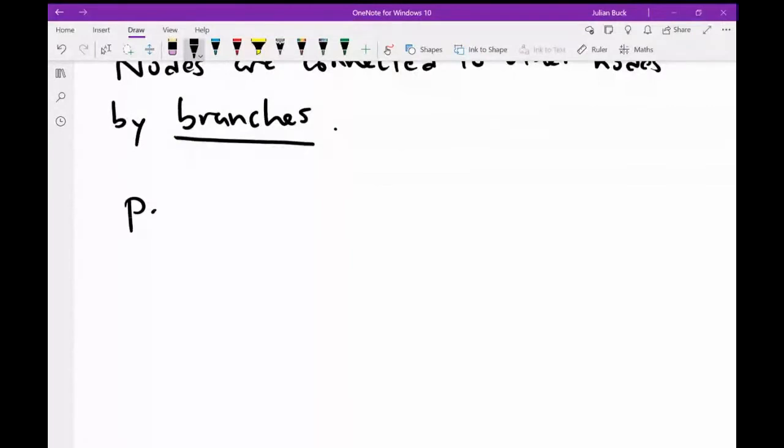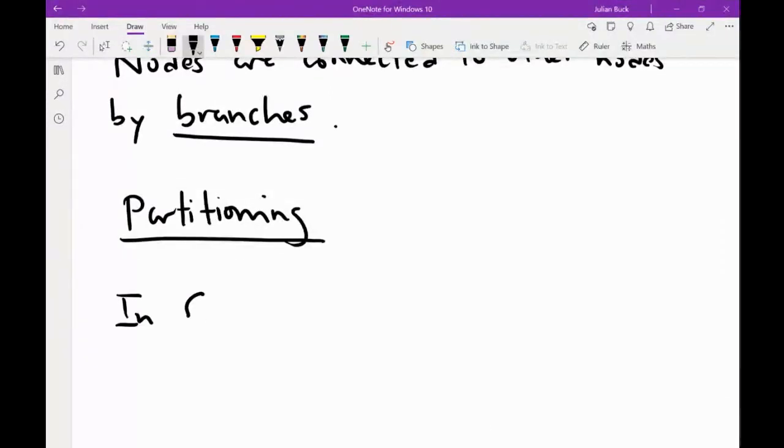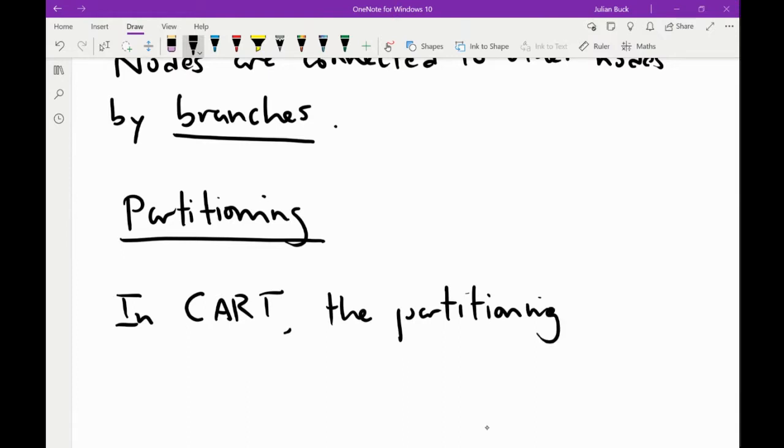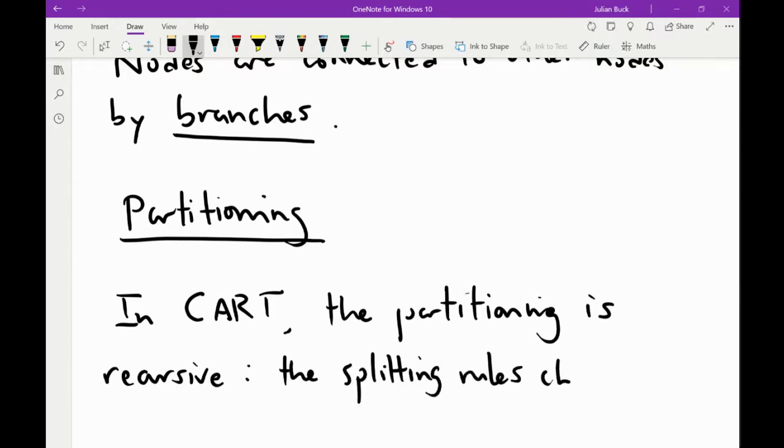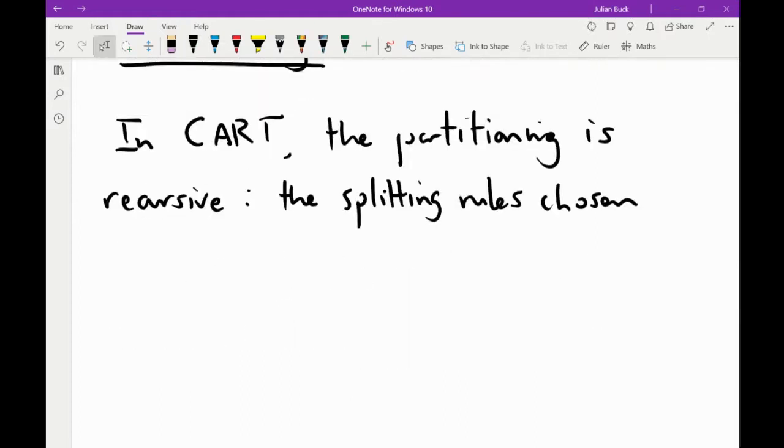Just as already mentioned, in CART, in this algorithm, the partitioning is recursive, which, just as a reminder, meant that the splitting rules chosen at each level in the tree depend on all the splits above.